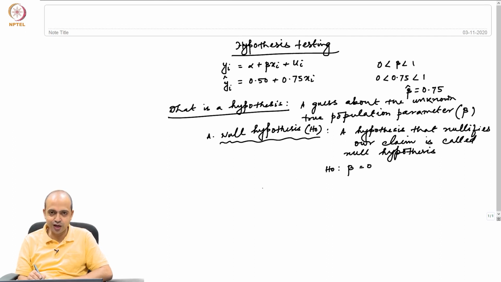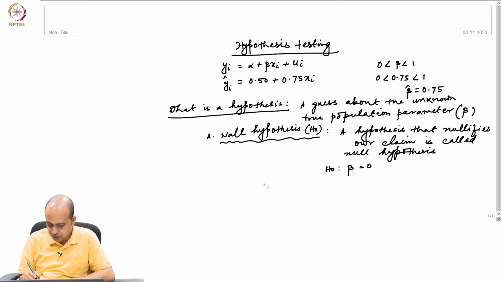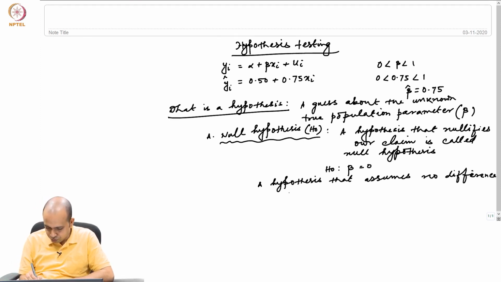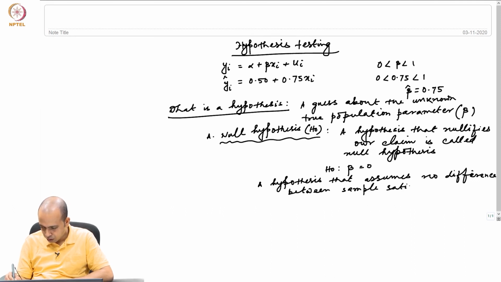There is another way of defining the null hypothesis, which says that it is a hypothesis that assumes no difference between the sample statistic and the population parameter.